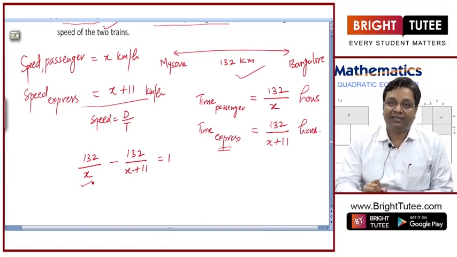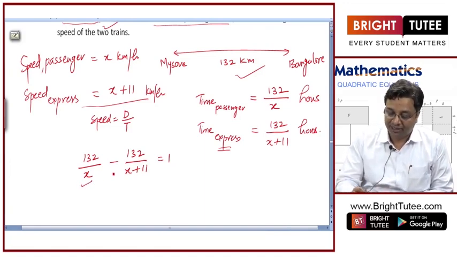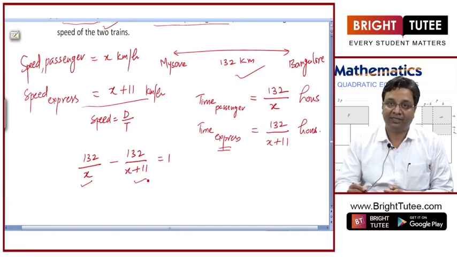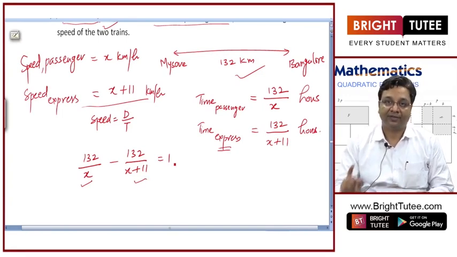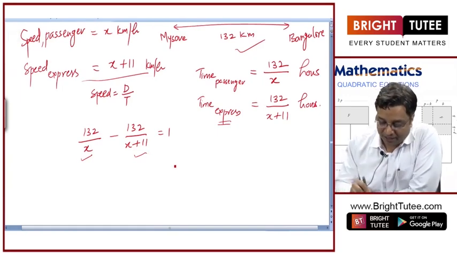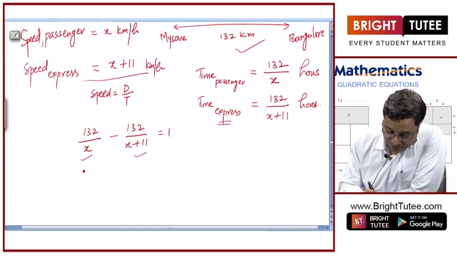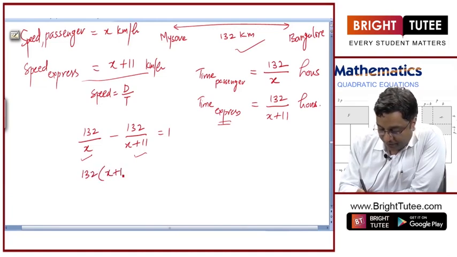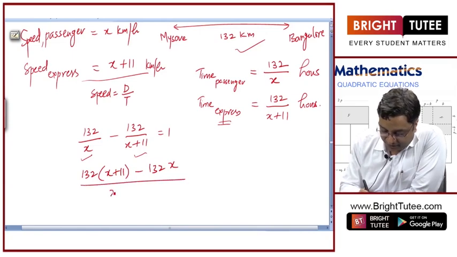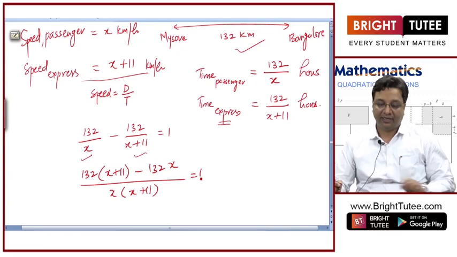Time taken by the passenger train minus time taken by the express train is equal to 1 hour. So now I have formed it mathematically. Now we just have to solve it by creating a quadratic equation, right? x into x plus 11 equals 1.